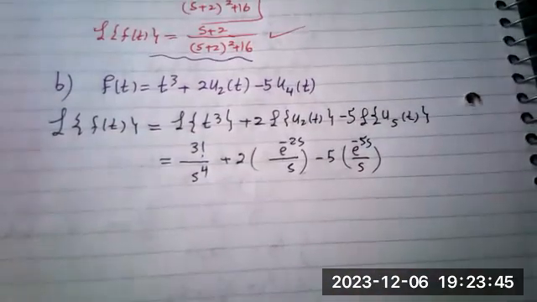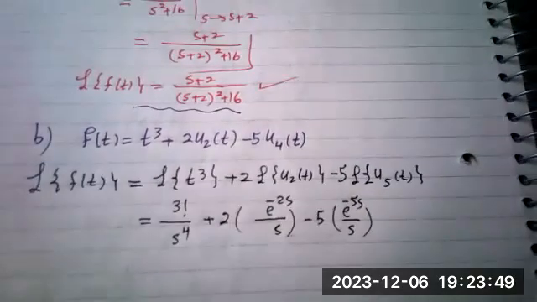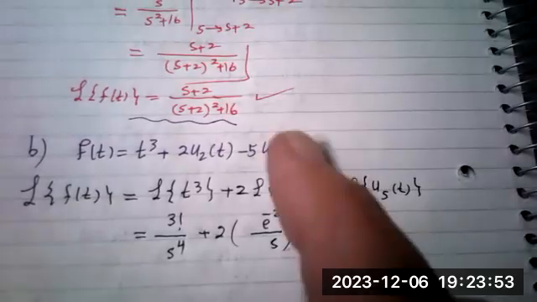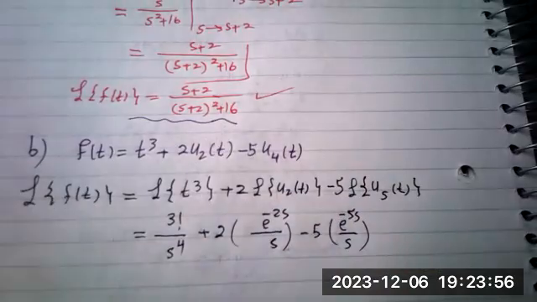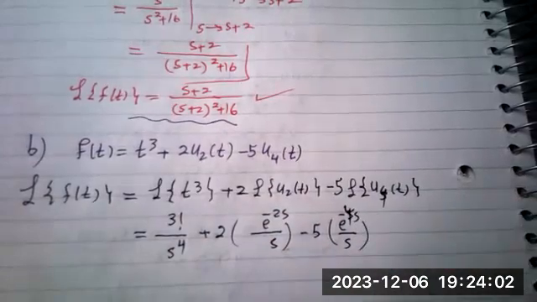Sorry? What is that? You change it from u_4. Sorry, what is the base? 4. Base is 4. Okay, so that's a 4, so this will be e to the negative 4s.